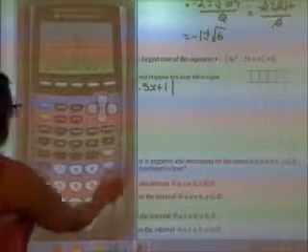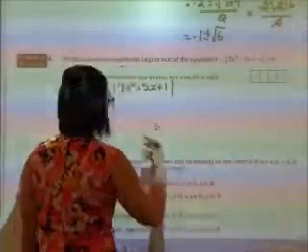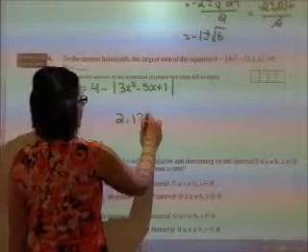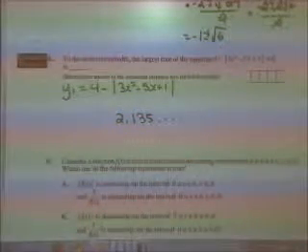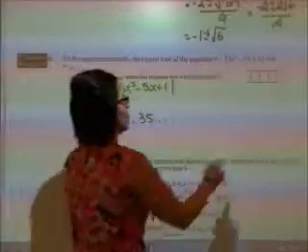And I get, what do you get? X equals 2.135. So to the nearest hundredth, what would that be? 2.14.